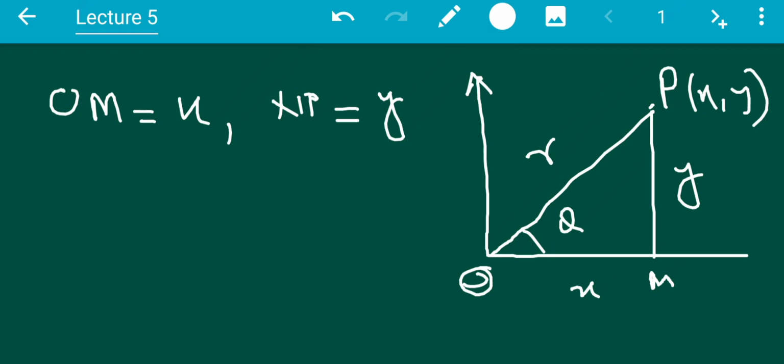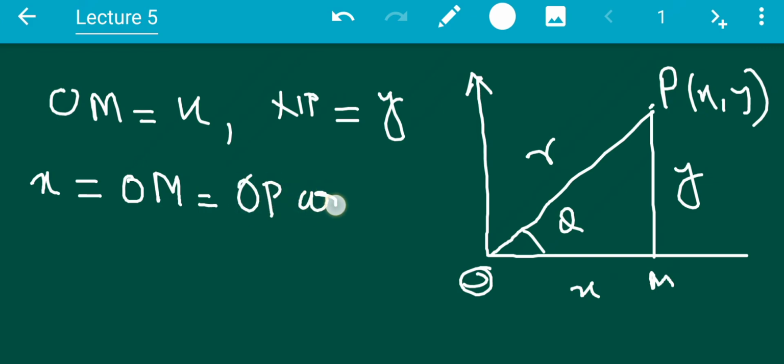Okay, so we can easily see that x is equal to OM, and OM is nothing but OP cos theta.